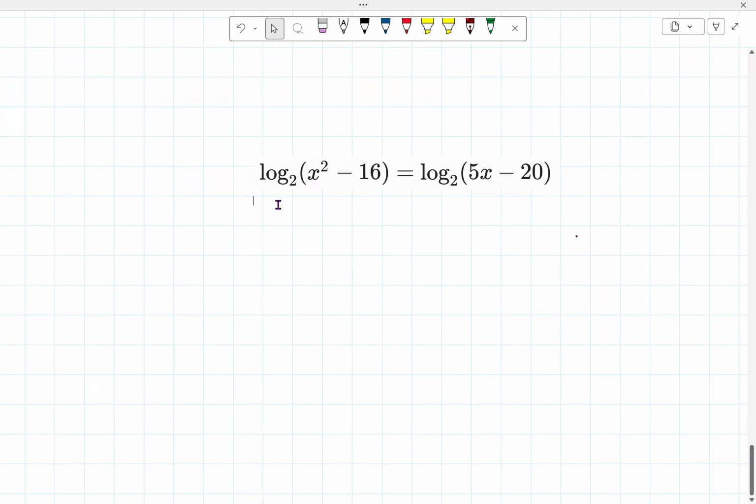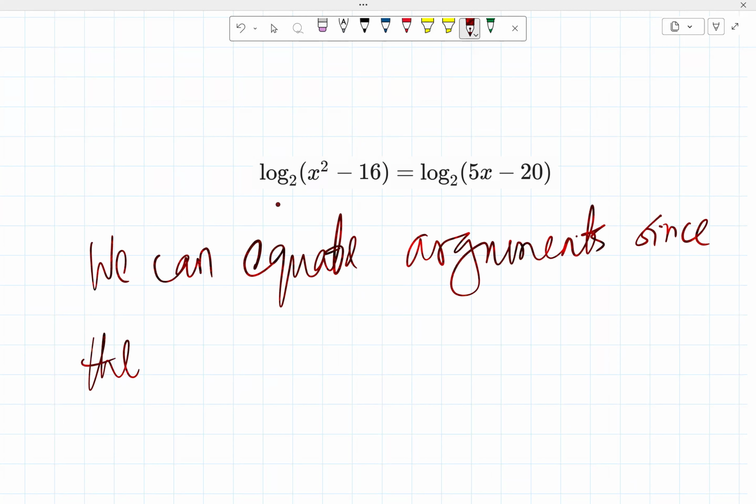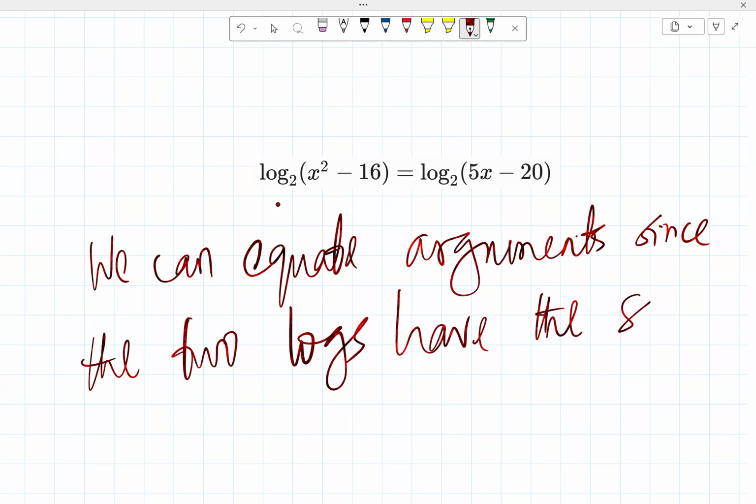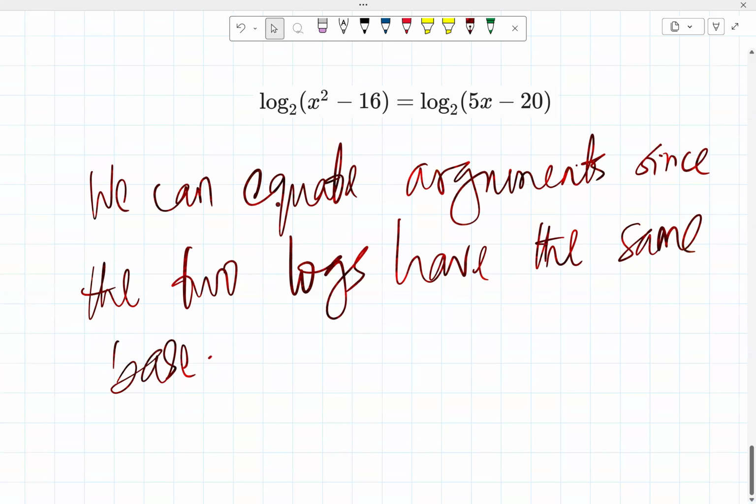In this case, we can equate arguments, since the two logs have the same base. So next, we now need to check for domain restrictions.